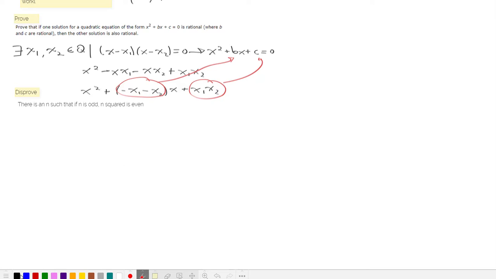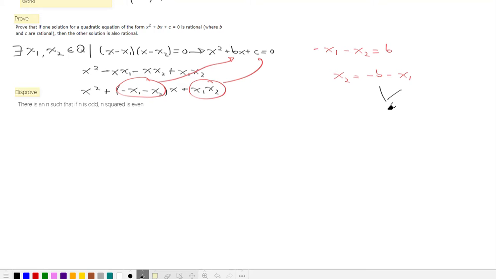Okay, well, if I know that minus x1 minus x2 is equal to b, then I can solve that for x2, and I get x2 is equal to minus b minus x1. Well, this x1 is rational. b is rational.